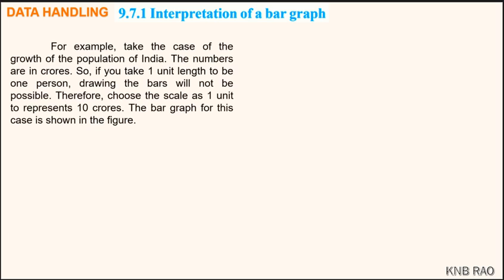Here, for example, take the case of the growth of the population of India. The numbers are in crores. So, if you take 1 unit length to be 1 person, you cannot draw the bar graph.